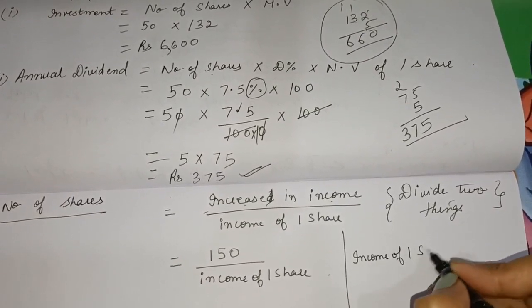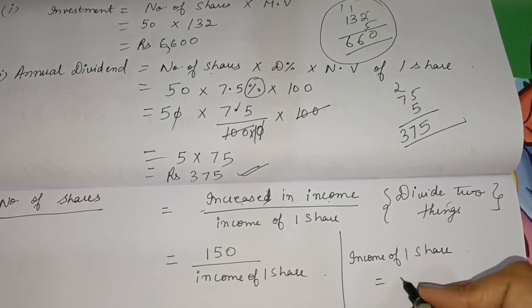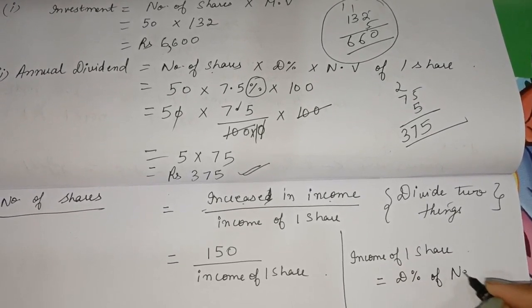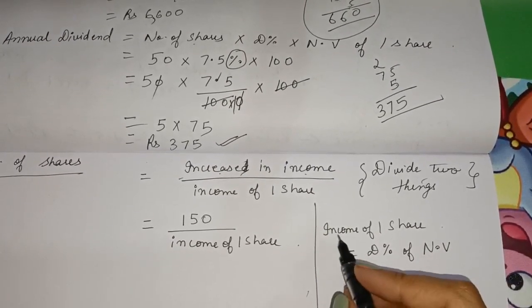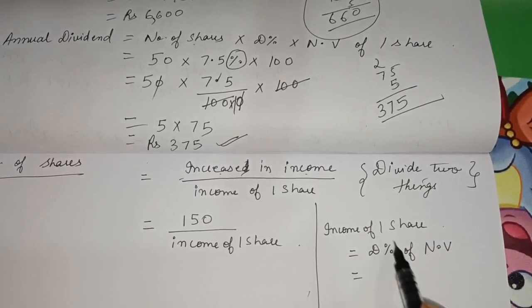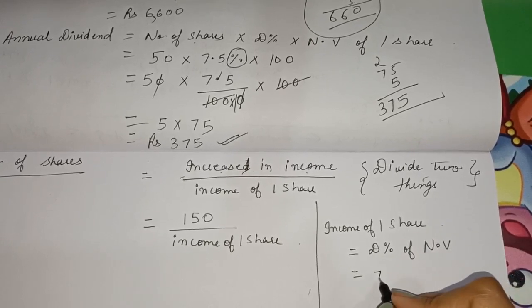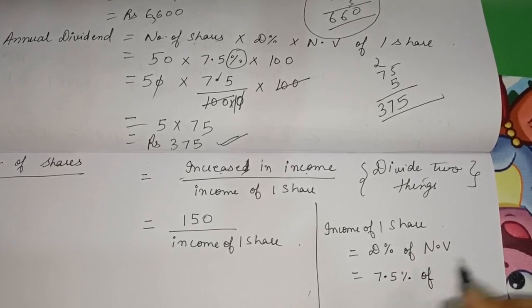Income of one share means dividend, means return. So this is actually dividend percent of nominal value. In many questions now we have used this concept. Income means profit or return of one share, that is expressed as a dividend percentage of nominal value. So dividend percentage here is 7.5% as per the second part.